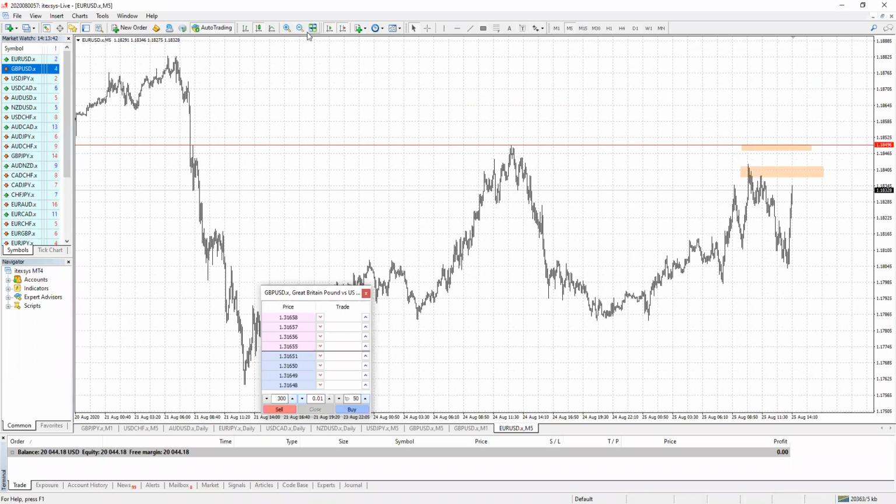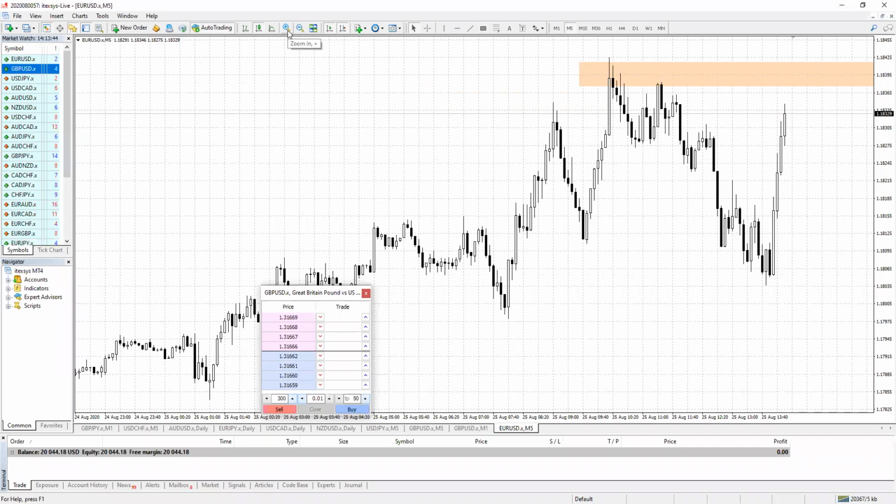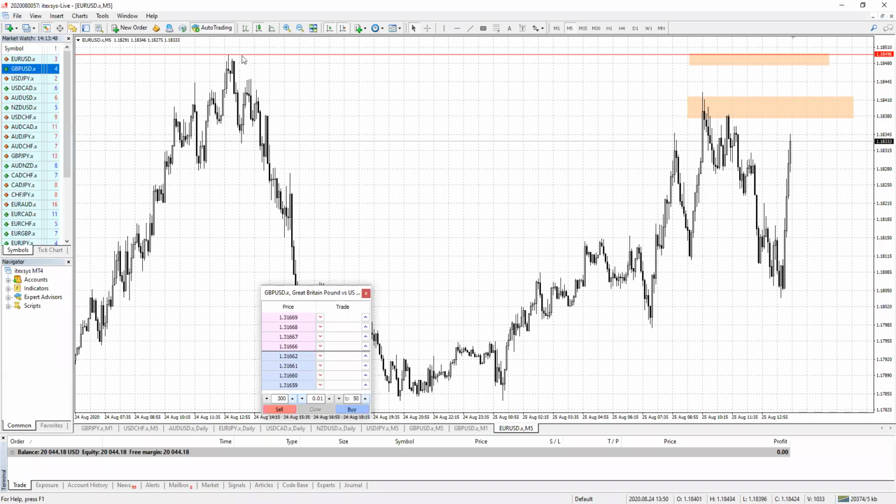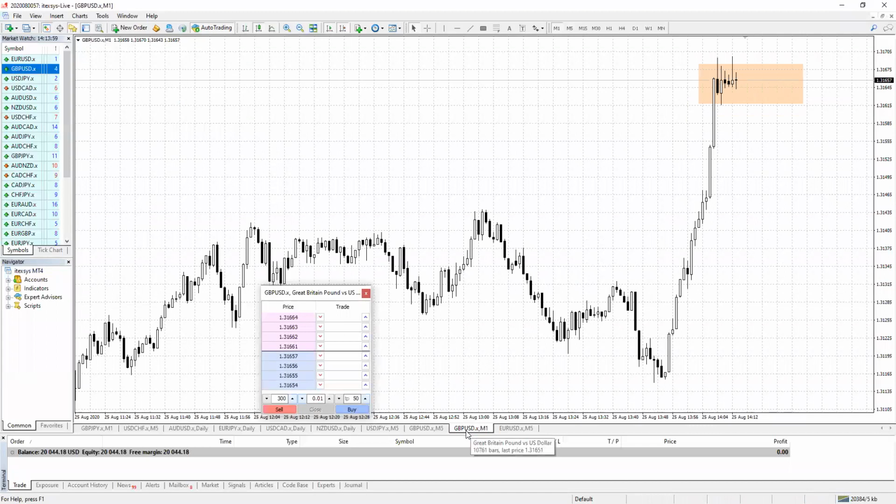So ideally, we want to go long and not short. But as long as price stays below this point right here, we could try to sell this market for some shorts, little scalps. What's going on here?